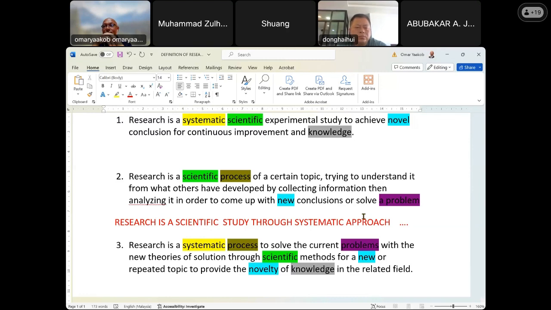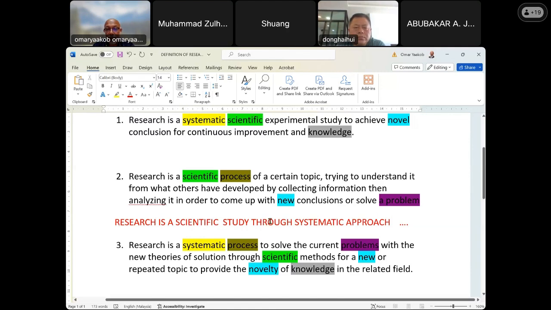Yeah. Hello, Prof. Yeah, Abu Bakar. Yes, you know, the systematic scientific process and that of scientific process, two things. One is method approach. Another one is logical approach. So I'm confused there.